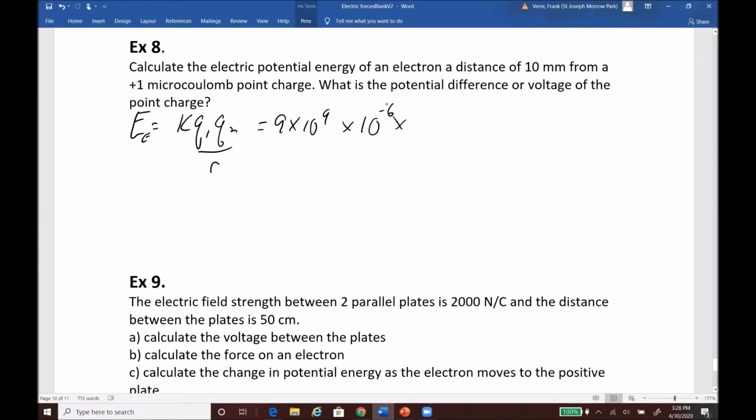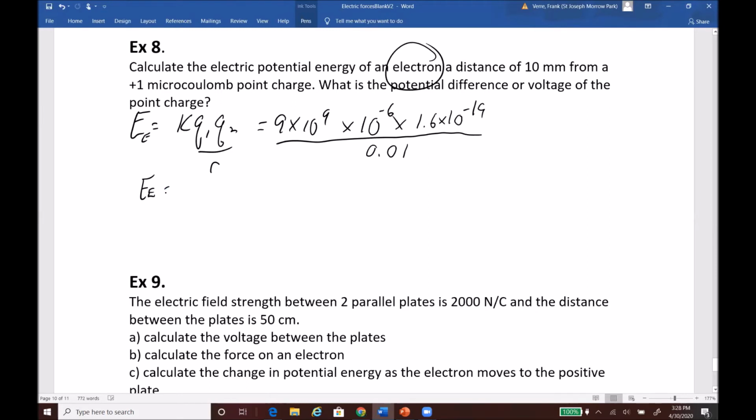Times the other charge. This is an electron, so the electron is 1.6 times 10 to the negative 19, over the distance. So distance is 10 millimeters. 10 millimeters is 1 centimeter, or 0.01 meter.